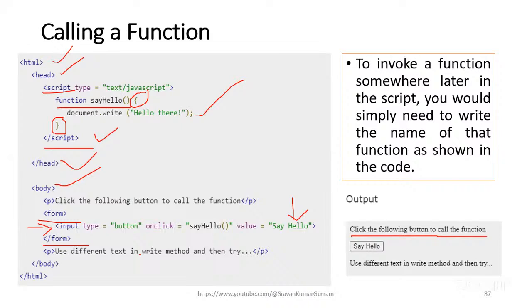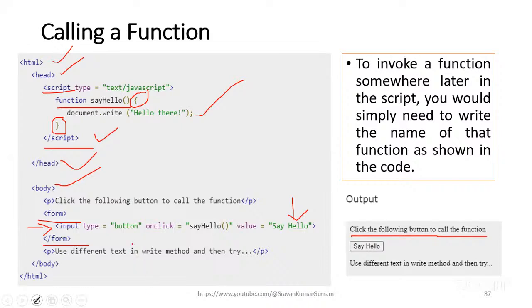Input tag is used to create several controls in HTML. Controls mean, examples of controls are a button, a label, a combo box. All these are called controls. If you want to create the controls, you can go for this one.